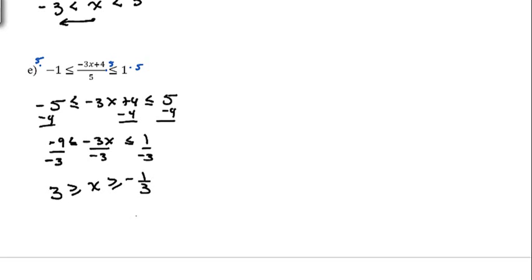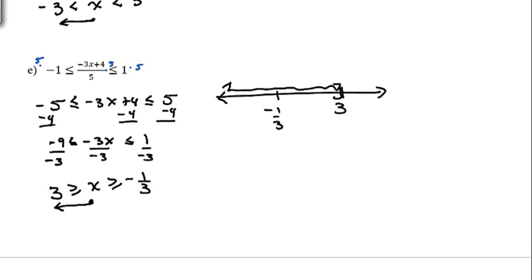So this is basically the same sort of statement that we had before. So we're going to graph this on a real number line. Negative 1/3 and positive 3. This first statement says x has to be less than or equal to positive 3, and so that's everything to the left of 3.